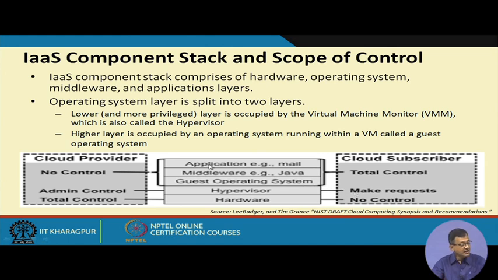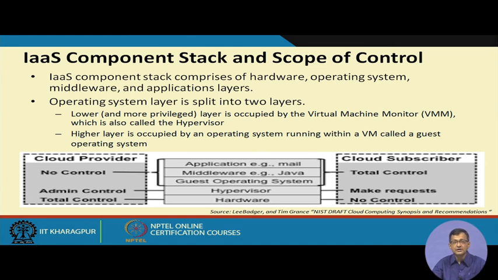Then we have other layers like the guest OS, middleware like Java, and applications like mail and CRM, where in the case of IaaS the subscriber has total control and the provider does not control them.